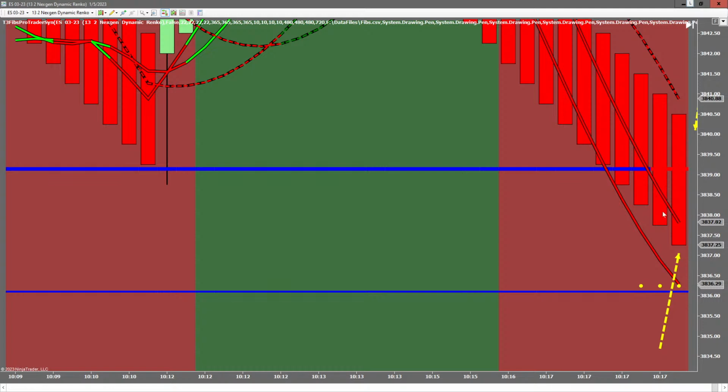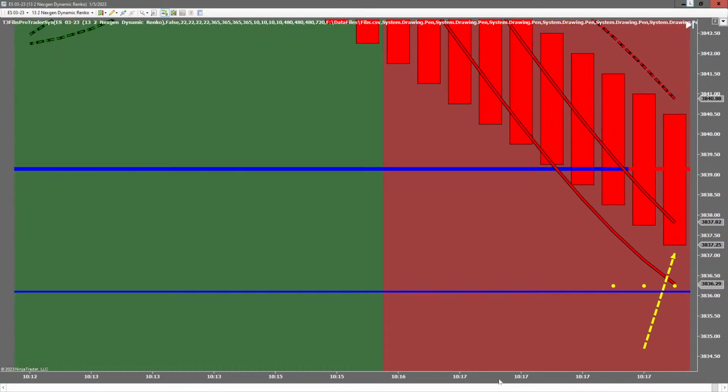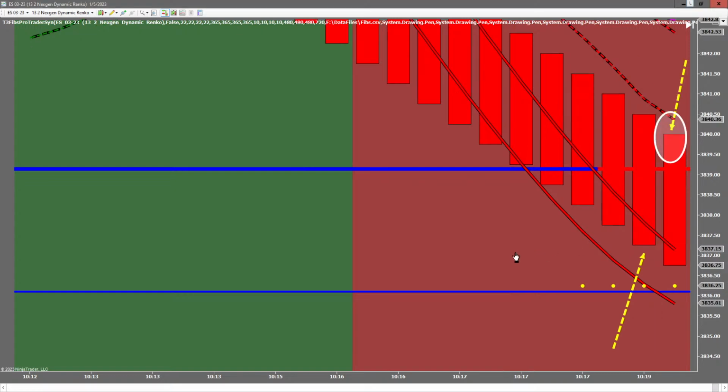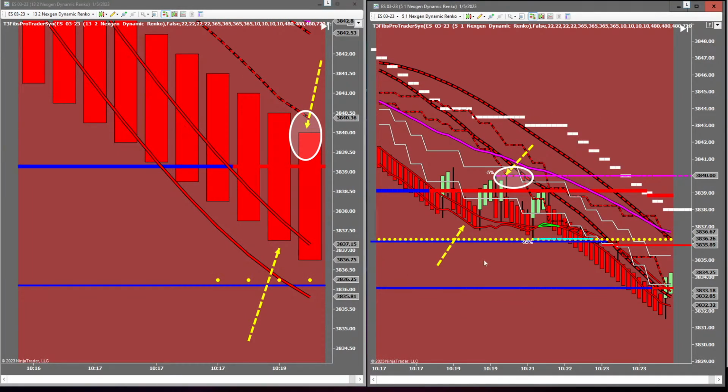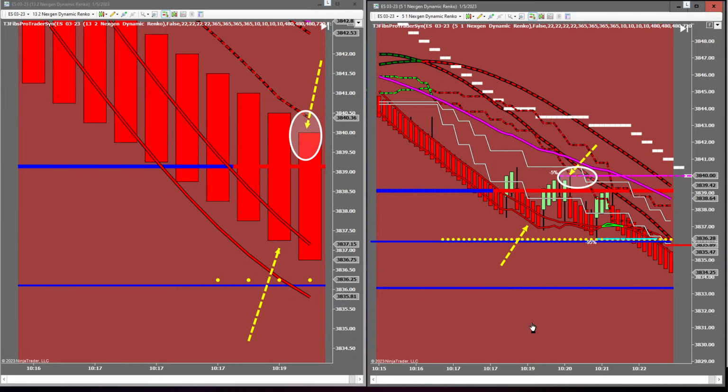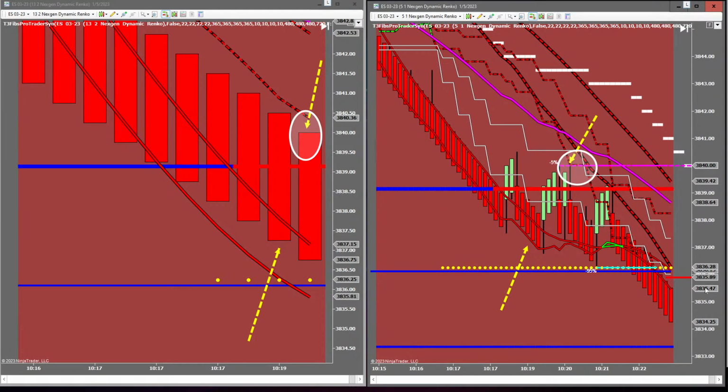It can't be. So you're saying it can't be a trend trade over here. I'm just trying to figure out what you're saying. Right? So here's the spot right there.